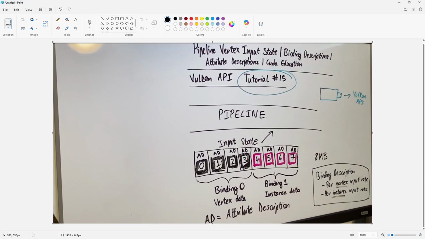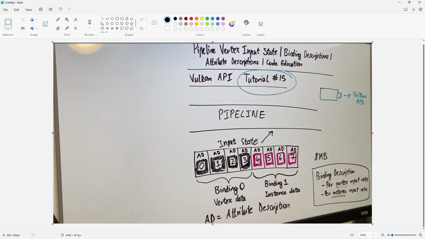Now, because the bindings are high level, on the binding side, we know that, okay, each megabyte of data in binding 0 is consumed on a per vertex input rate. So every vertice in our application is going to consume these 4 megabytes, right?